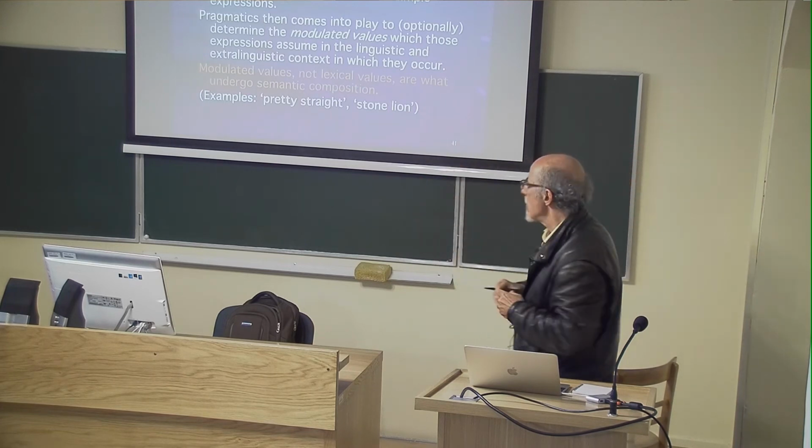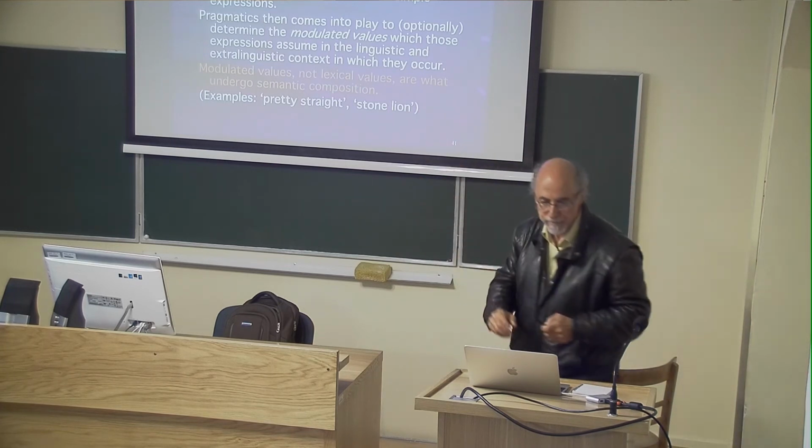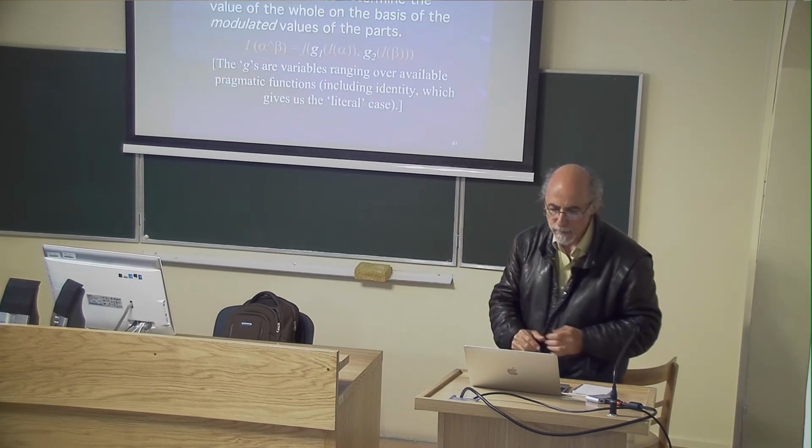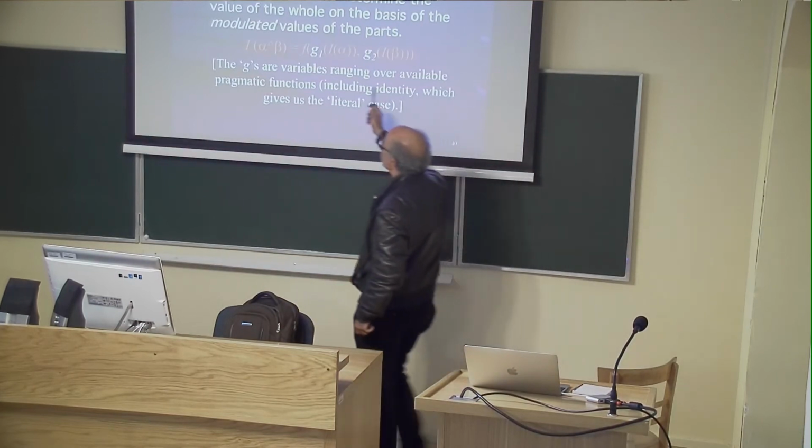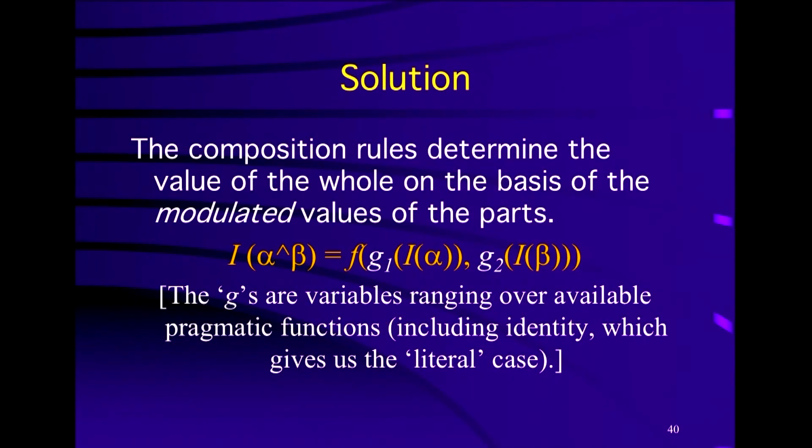So basically, as I described with the previous slide, whenever we put together two expressions in a complex, and we want to determine the meaning of the complex, we are allowed, in the process of composing the meanings of the parts together, to modulate the meanings of the parts in so doing. That's the idea that modulation and composition proceed in tandem.